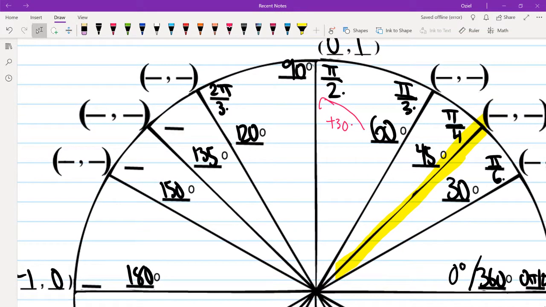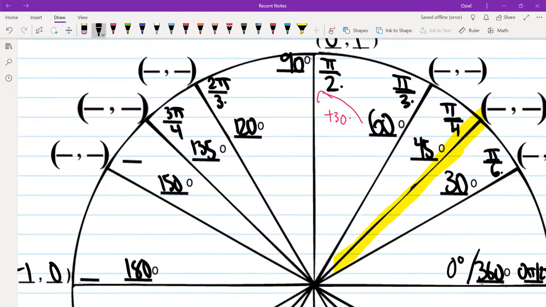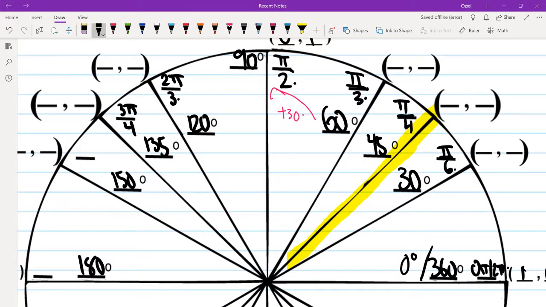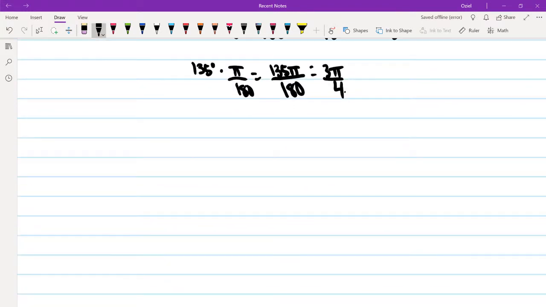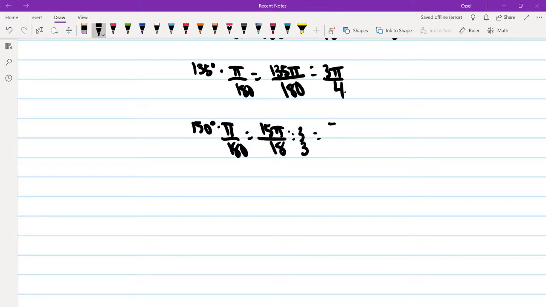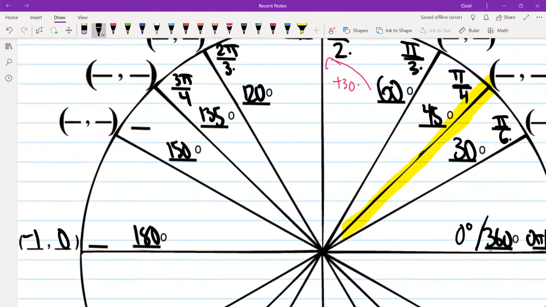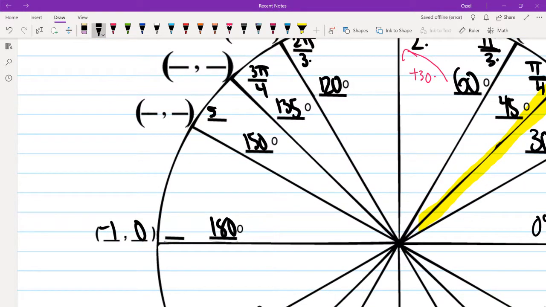So this one would be 3 pi over 4. And then for 150, you would do the same thing. You get 15 pi over 18, and divide by 3, you get 5 pi over 6. So this one would be 5 pi over 6.